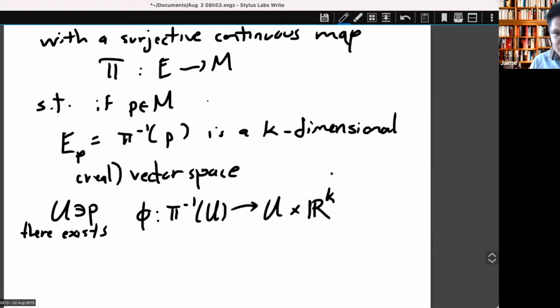This is where the rank appears as well. You can find maps which are homeomorphisms.